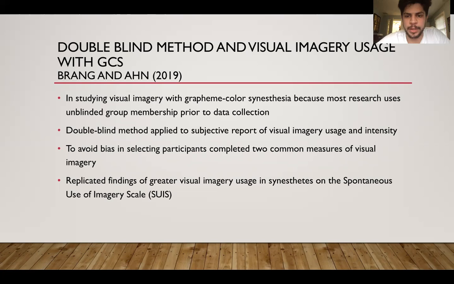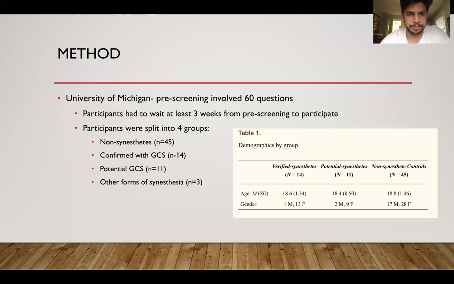So they did that double-blind procedure to get rid of that bias, specifically when selecting participants. They replicated studies of visual imagery usage, and they used the spontaneous use of imagery scale, or the SUIS, to quantify this.